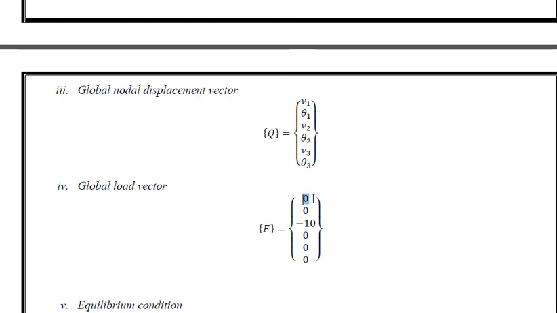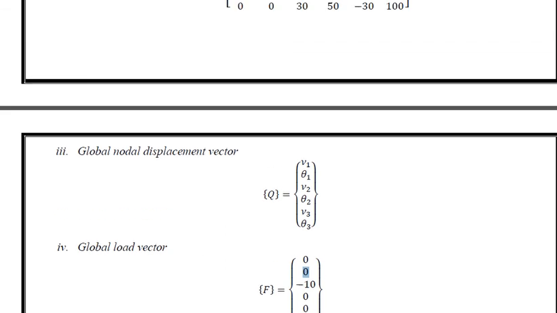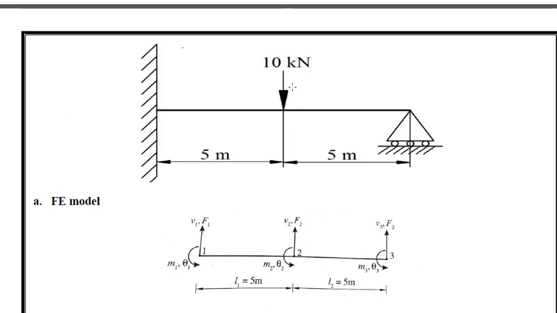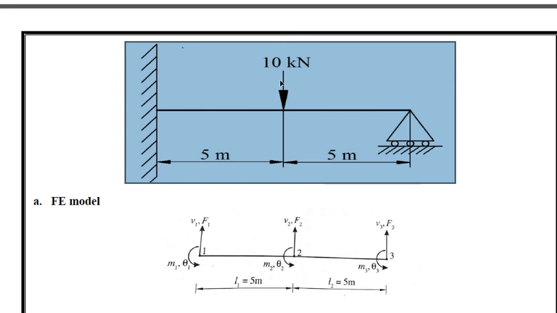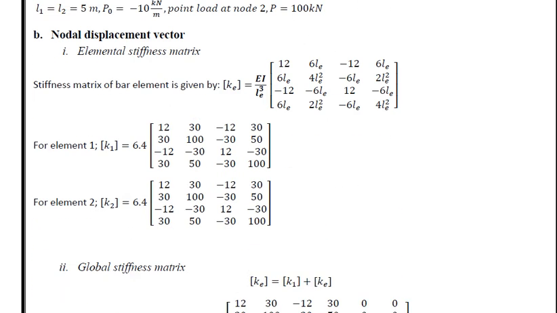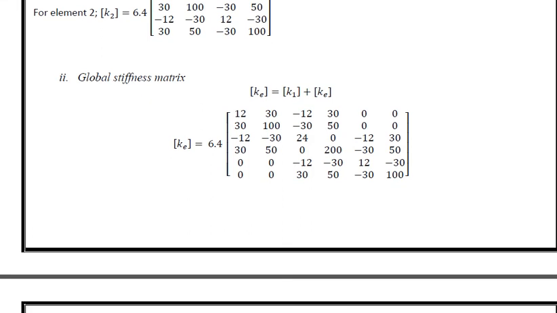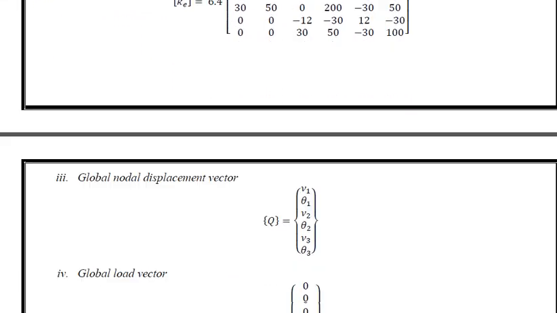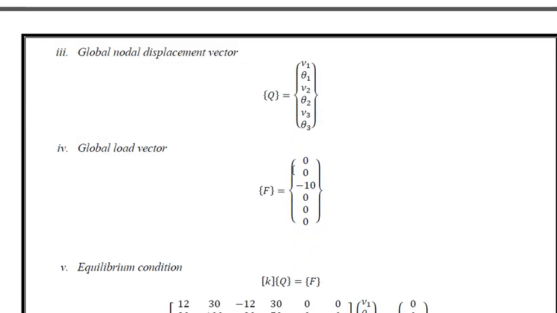At node 1 there is no load vertically, there is no moment applied, that is 0. At node 2, vertical load is applied downwards, 10 kilonewton. You can maintain kilonewton or newton, whatever it is. Here in this problem 10 kilonewton is maintained.